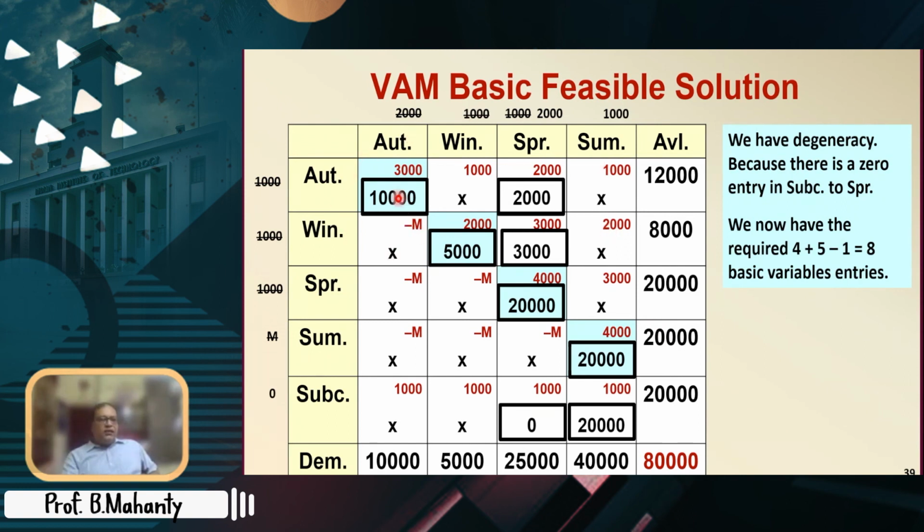You see one very interesting thing: instead of using VAM, even if you had used the northwest corner rule, you would get a reasonably good solution, because this is the nature of the problem. As you go down, it is the diagonal which is the most lucrative, because if you produce in autumn and sell in autumn, that is always going to be a good choice.